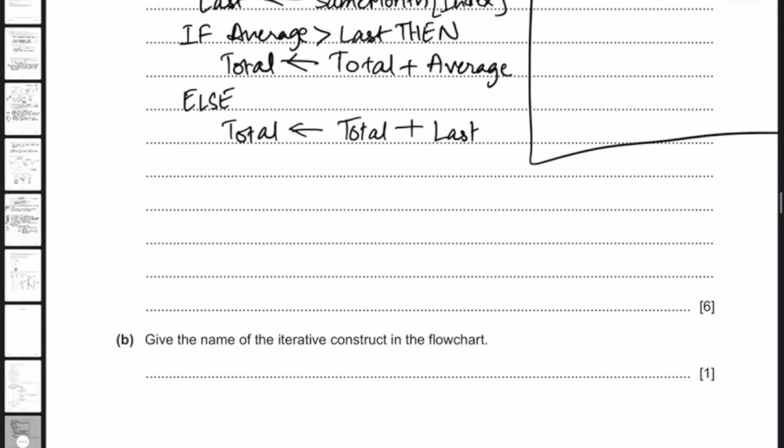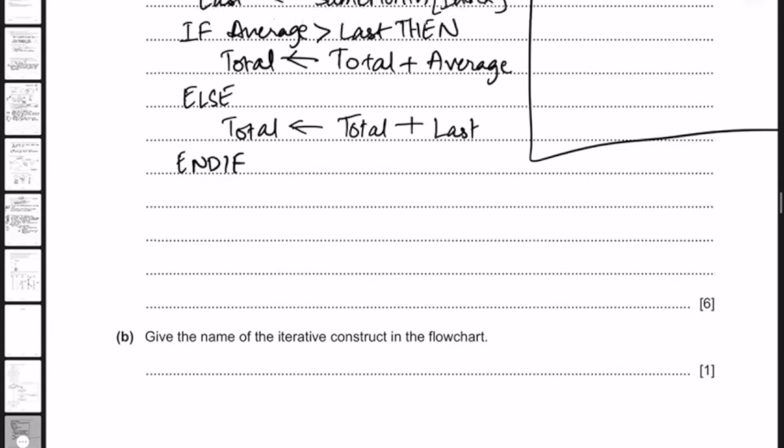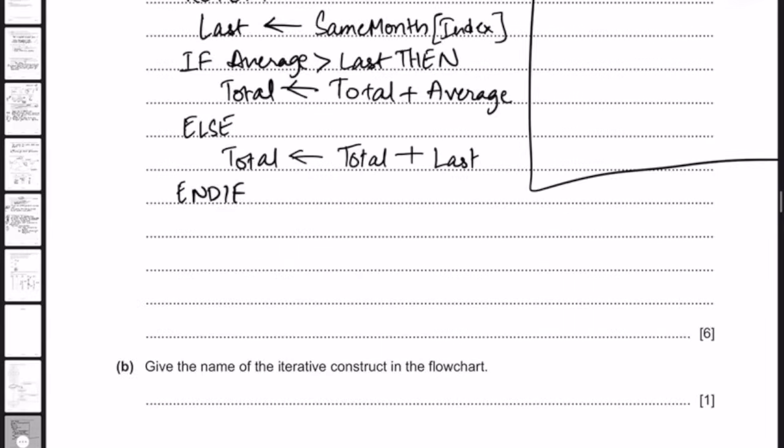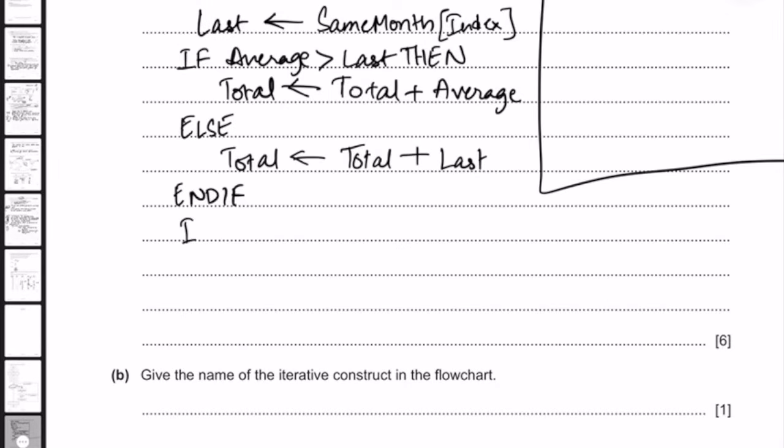So that is done, and we'll have to end if here, and we have to increment the index. So index is index + 1.